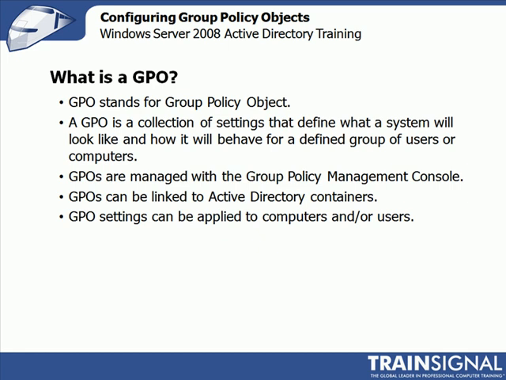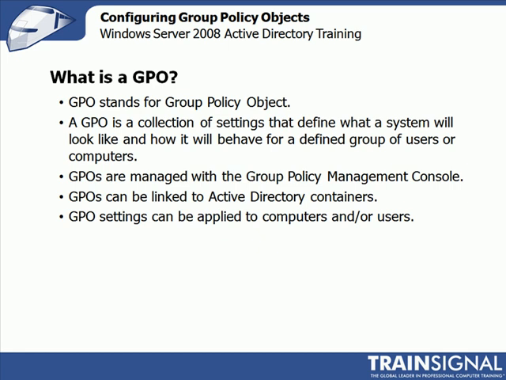Basically, it's a bunch of settings that you can push down to users or computers. And by pushing these settings down, you help control the environment in which they are working.